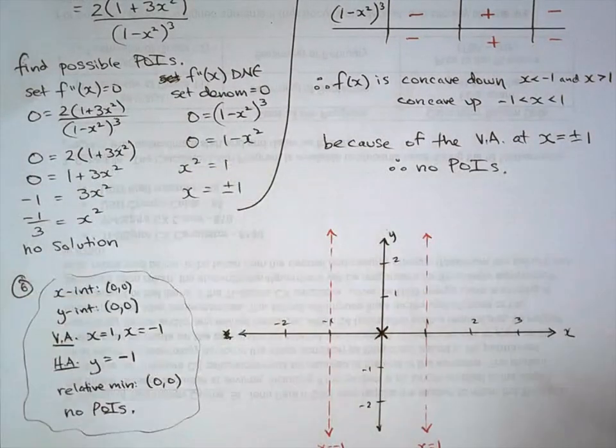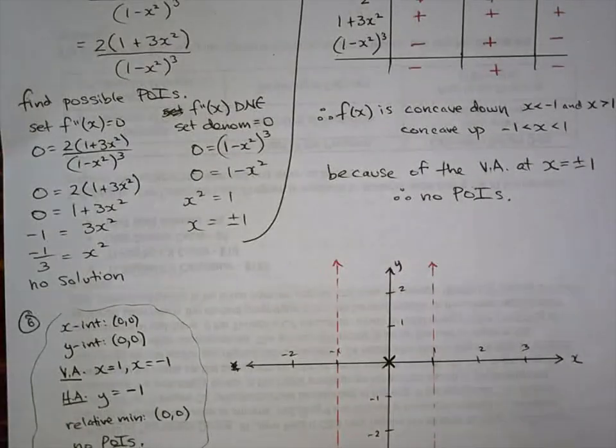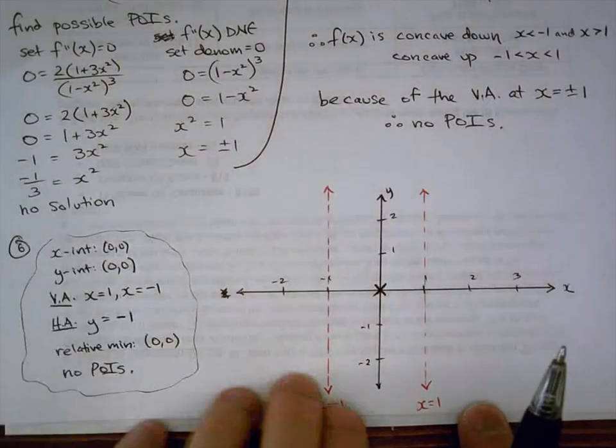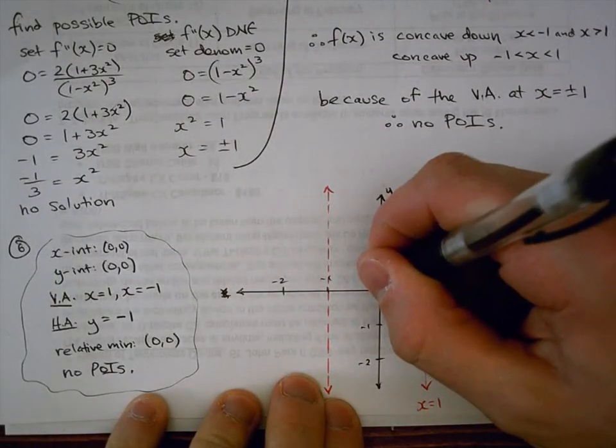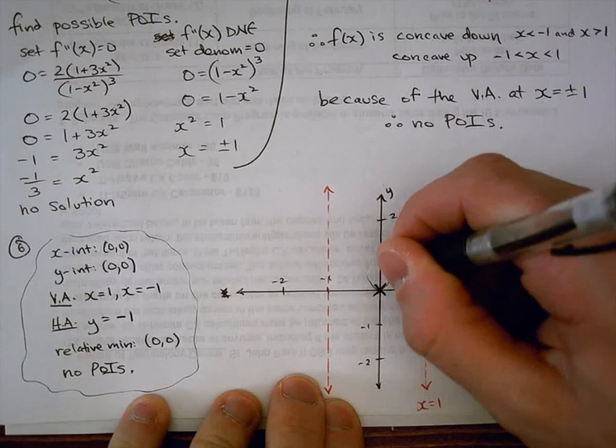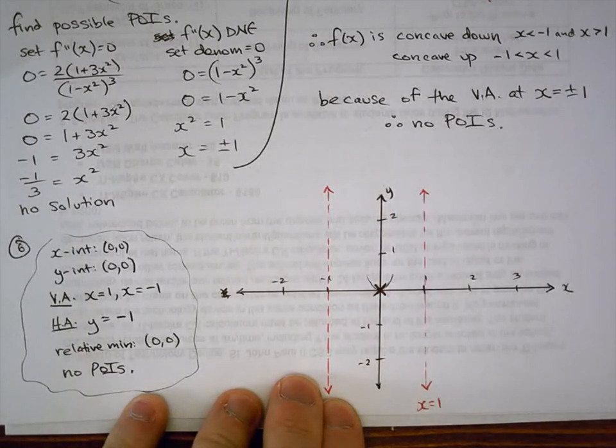Okay, what else do we have? We have a relative min at 0, 0. So whatever happens, the curve curves up here, right? And there's no POI.